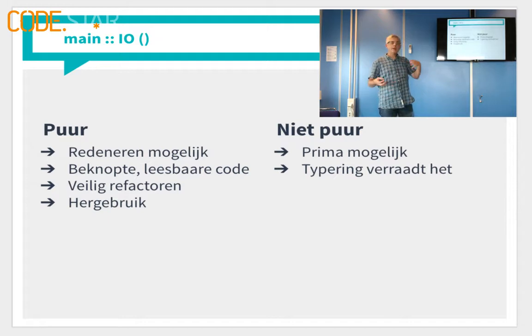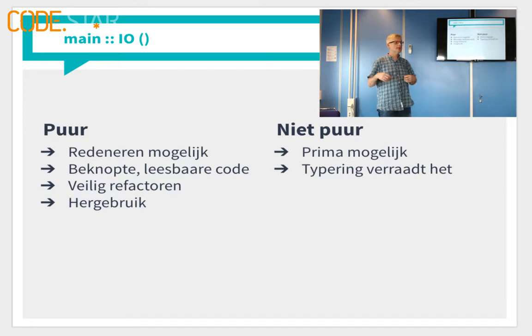Well, the fact that there is this nice distinction means you can really reason well about the pure code, and Haskell helps you to make this distinction between the pure and the non-pure code.